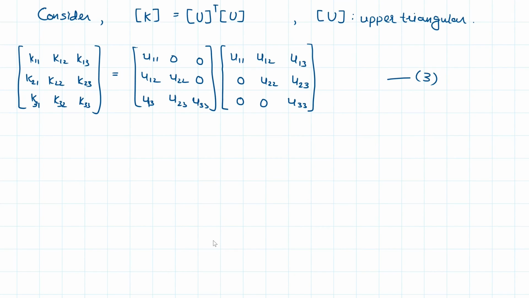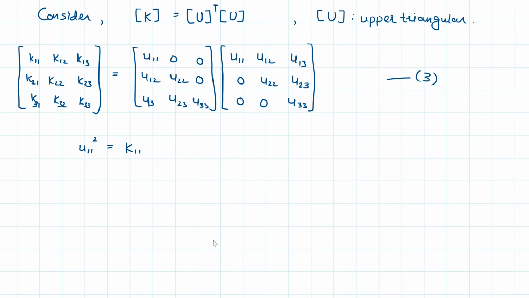Okay, so now if you multiply U transpose with the matrix U, the first component you will end up with is U11 squared is equal to K11.